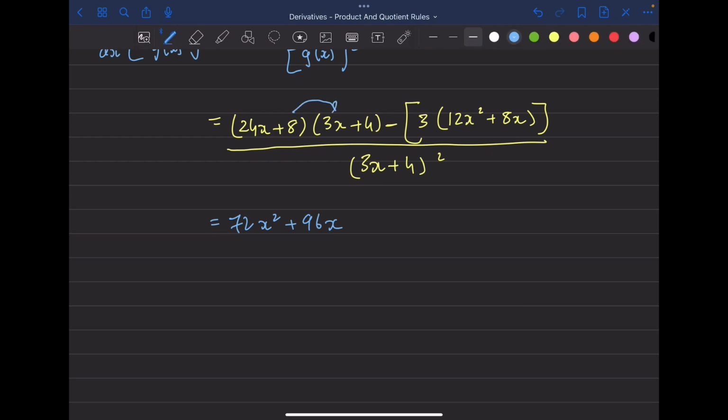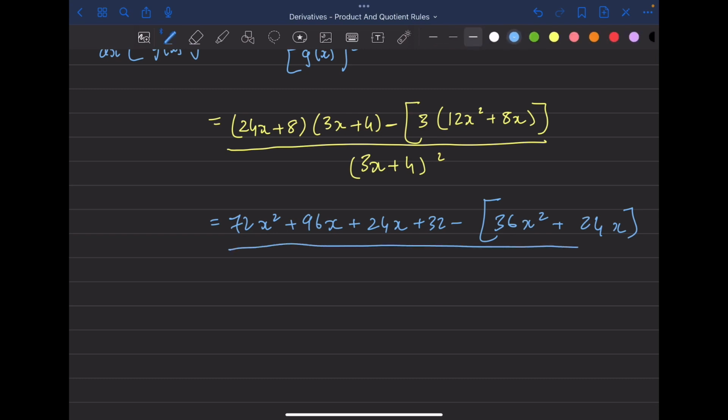And then 8 times 3 is 24, so plus 24x. And then 8 times 4, it's pretty simple again, so plus 32. And then minus, inside the bracket, 3 times 12 is 36, so 36x squared. And then 3 times 8, this would be plus 24x. And then the denominator, if you actually square this, you should get 9x squared plus 24x plus 16.